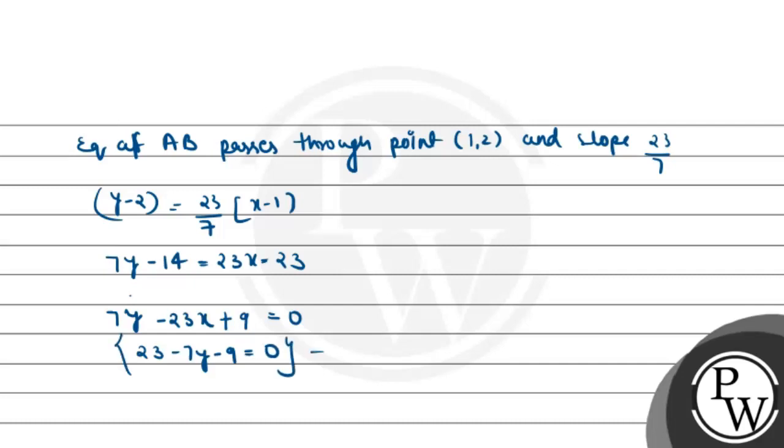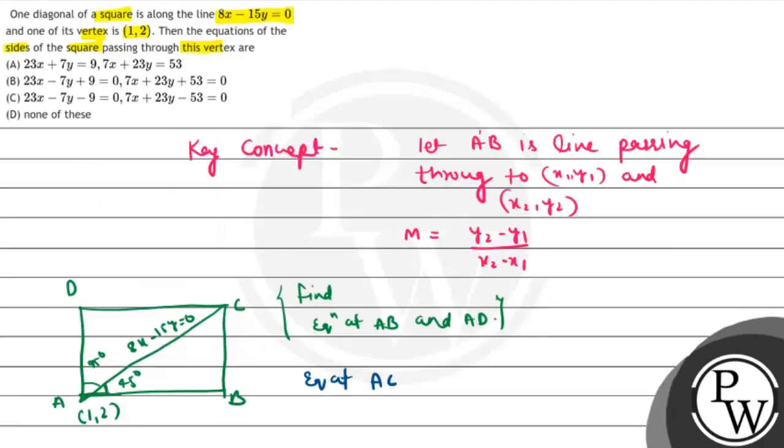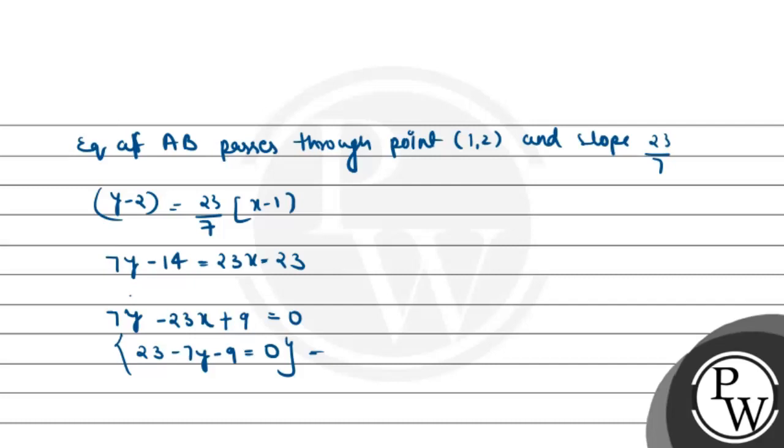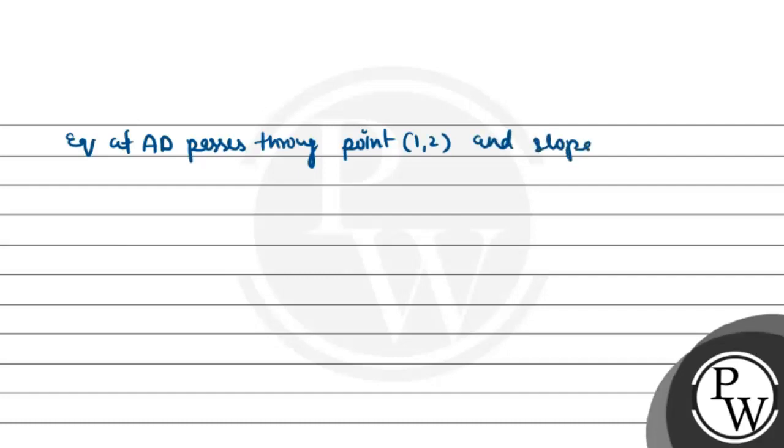Now the equation of AD. The equation of AD passes through the point (1, 2) and the slope is given, that is minus 7/23.